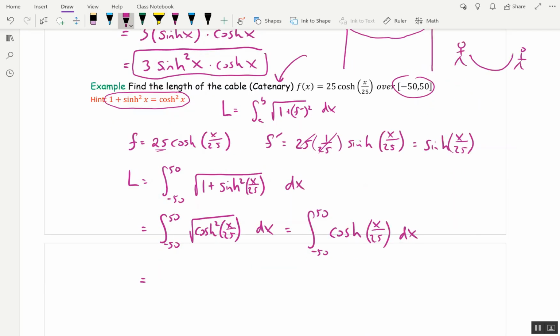Okay, now we integrate. So imagine if you were integrating cosine of x over 25 dx. Your k is 1 over 25, and when you integrate, a 1 over k comes out. So that would be 25 sine of x over 25 plus c. The same thing happens with cosh.